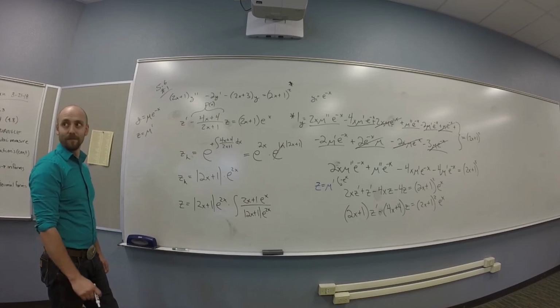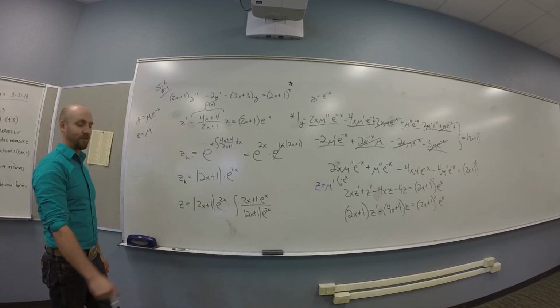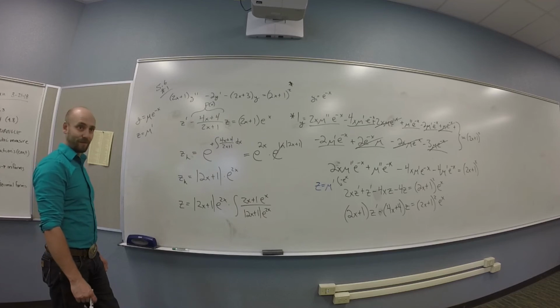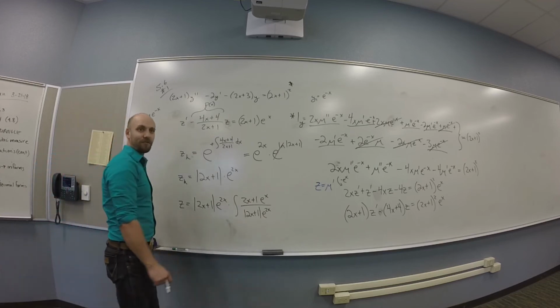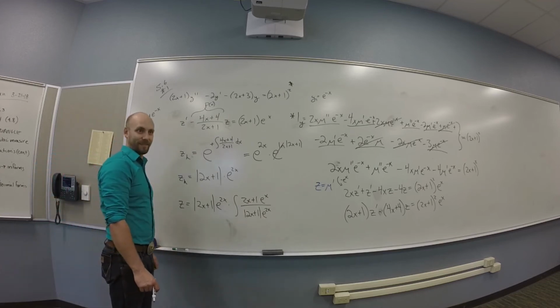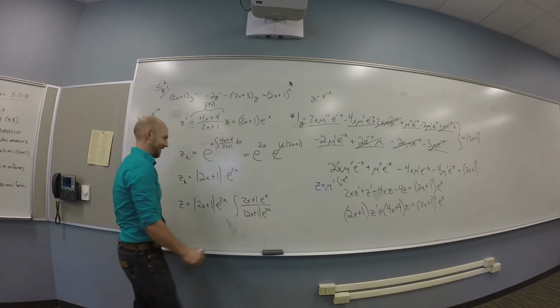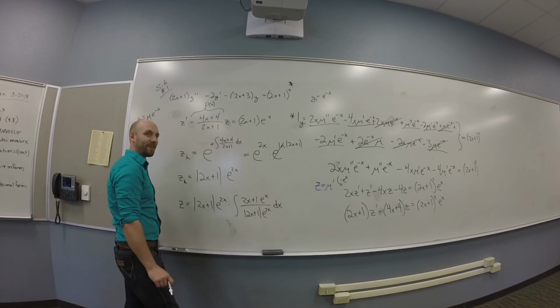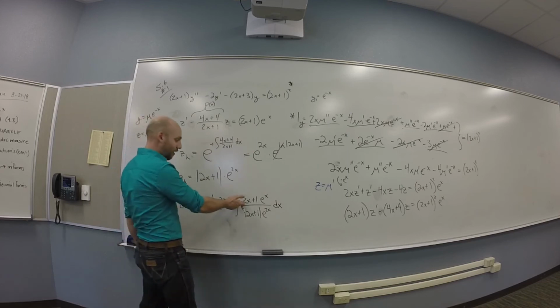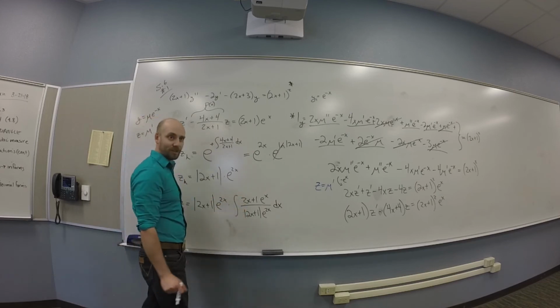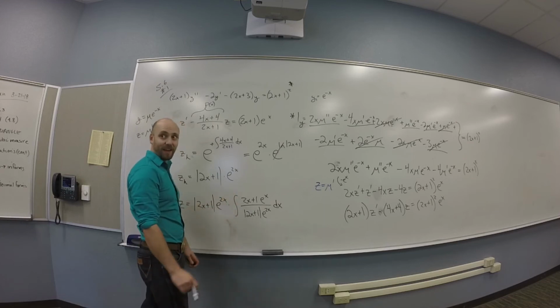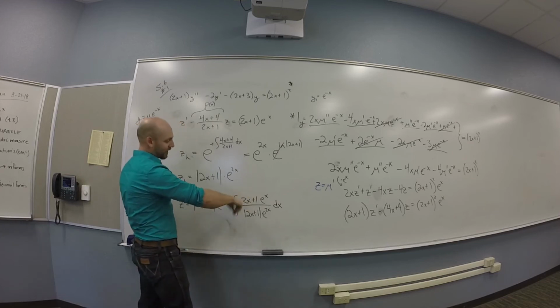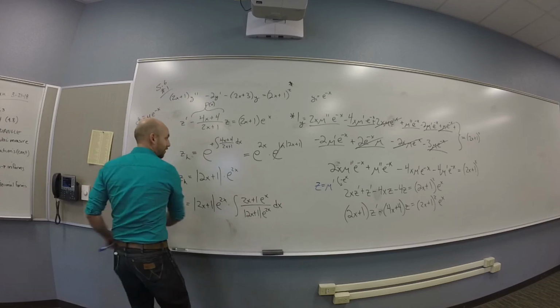Cancel out e to the x from top and bottom. I'm just trusting him, I don't remember the formula. Should I be trusting him? It's f over the homogeneous solution. Yeah, I think it's the integral of the forcing term divided by the homogeneous solution. I believe that.